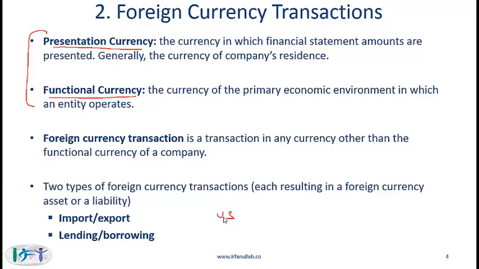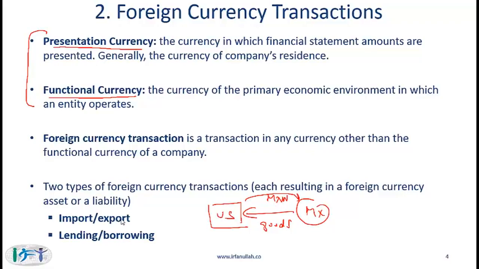As a simple example, let's say that you have a United States-based company which imports from Mexico. So goods are imported, but the payment is made in Mexican peso at a later point in time. This means that an accounts payable is created payable in the foreign currency, and that will result in some foreign currency risk.